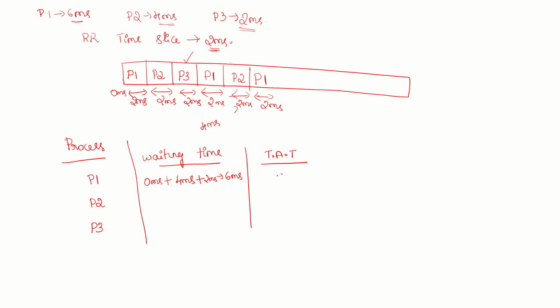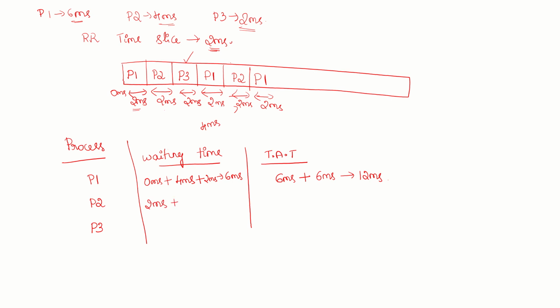Now turnaround time. It waited for 6 milliseconds. Next, its execution time for P1 is also 6 milliseconds. So its turnaround time is 12 milliseconds. Now if I consider P2, P2 waited for 2 milliseconds of P1 here. I have written.